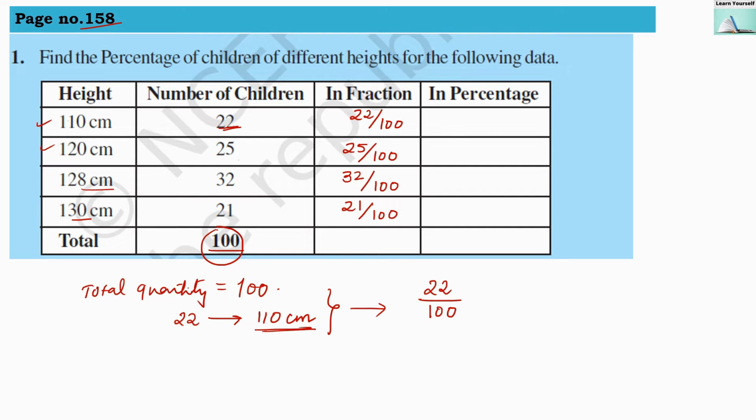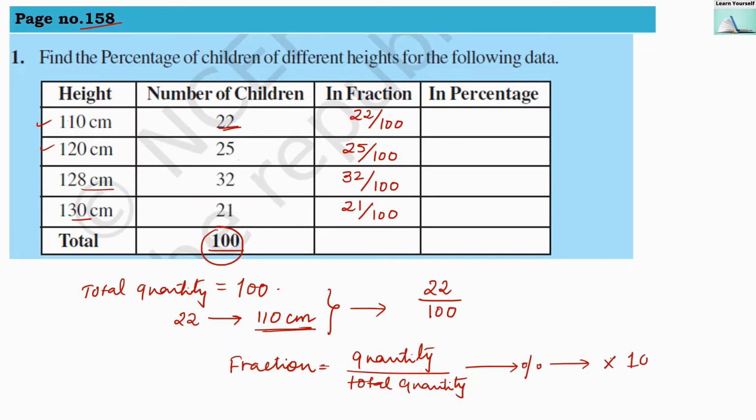So this is the representation in fraction, quantity divided by total quantity. When we are converting a fraction to a percentage, we multiply it with 100. Fraction to percentage, we multiply with 100, and percentage to fraction, we divide with 100. This we have to remember.